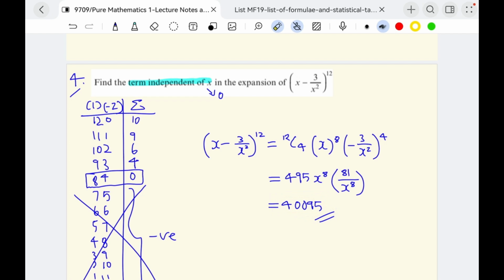Why constant? Because this is the coefficient of x to the power of 0, or the term independent of x. So remember, when the keyword term independent of x is seen or identified by candidates, you should be aware that it asks you to find the constant.